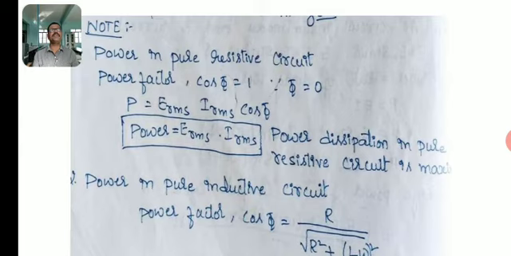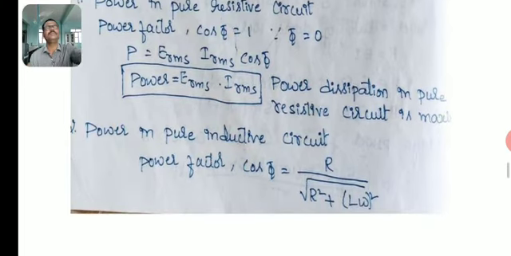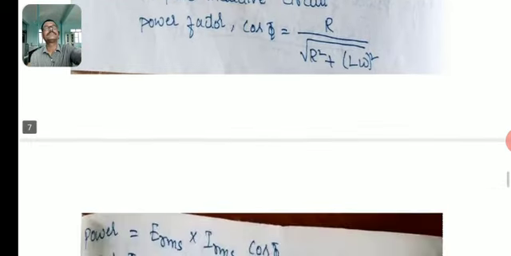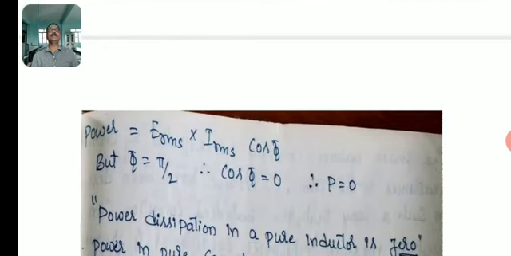Power in a pure inductive circuit. The power factor cos phi is equal to R by root of R square plus L omega whole square. Then power is equal to E RMS into I RMS cos phi, but phi is equal to pi by 2, cos phi is equal to 0, therefore P is equal to 0.